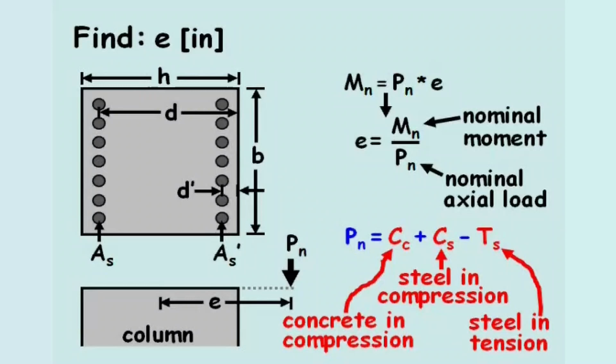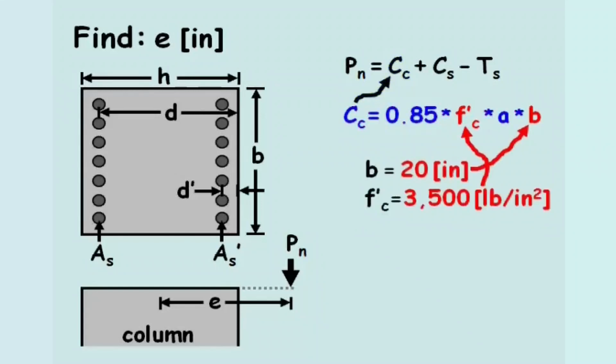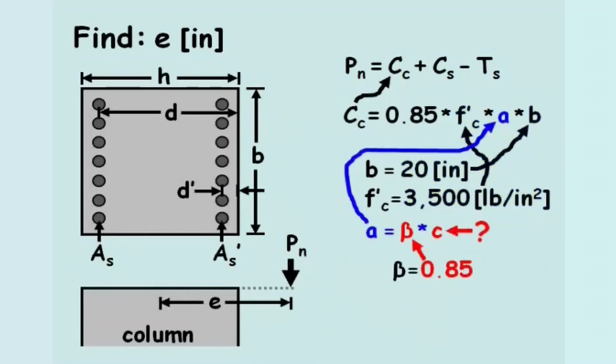The compression force of the concrete, Cc, equals 0.85 times F prime C times A times B, where we already know the compression strength in the concrete, F prime C, and the beam width, B. The length A equals beta times C. And from the problem statement, we know beta equals 0.85.